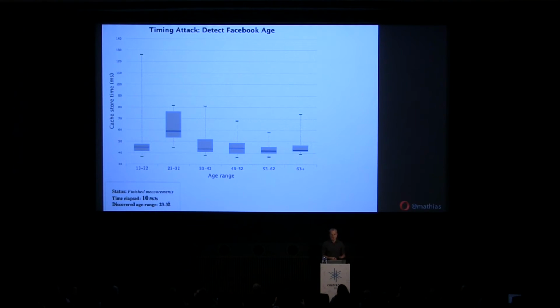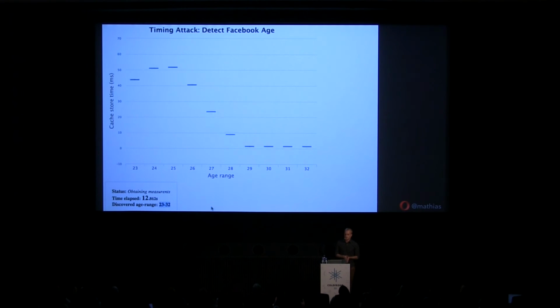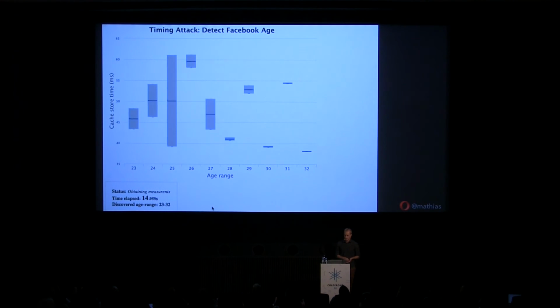The largest response body, of course, belongs to the only post that the user can access, and this reveals the user's age range. So in this case, after a couple of seconds, the script already figured out that the victim, well, the user that ran this test, was in the range from 23 to 32 years old. So of course, once we figure that out, we can repeat the process for every number in the range from 23 to 32 to find out the exact age of the user.